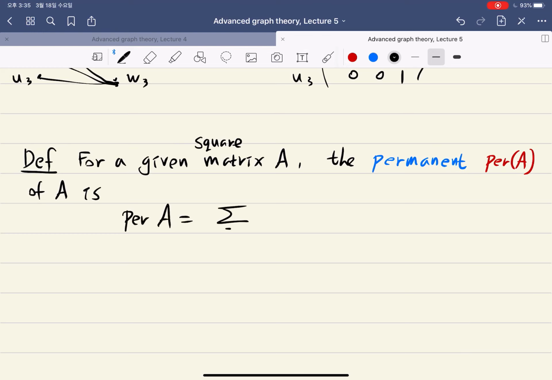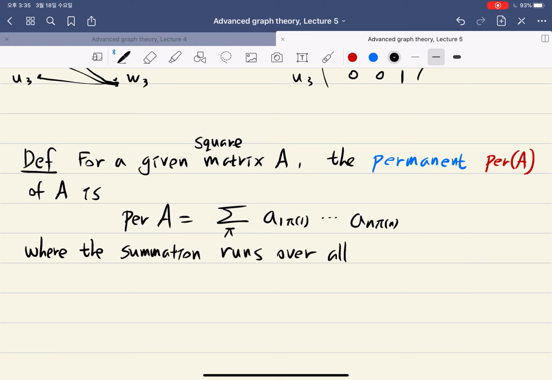We take all the permutations and we take these entries of the matrix depending on this permutation, where the summation runs over all permutations on [n].